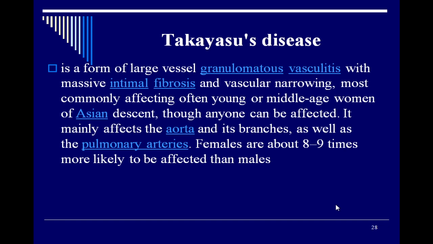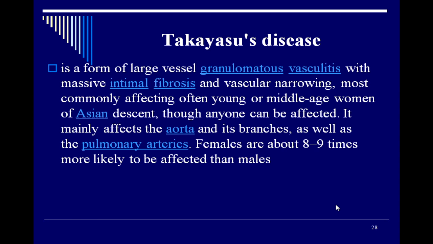Takayasu disease is a form of large vessel granulomatous vasculitis with massive intimal fibrosis and vascular narrowing, most commonly affecting often young or middle-aged women of Asian descent. So anyone can be affected.